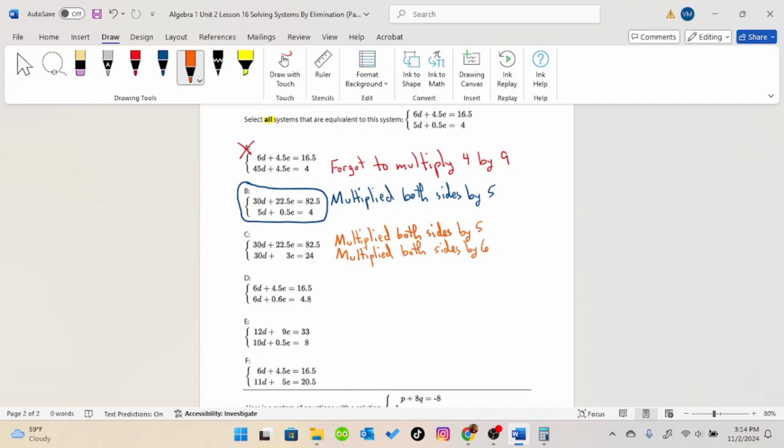Because they took both equations and created equivalent equations, this is also an equivalent system.